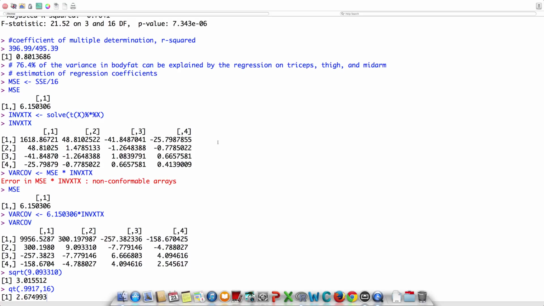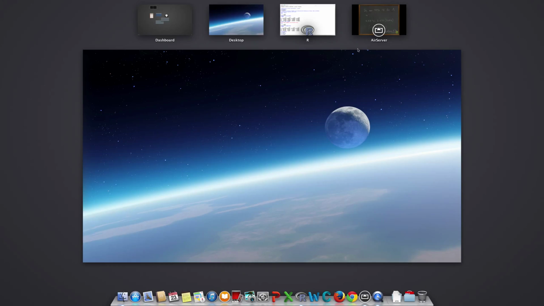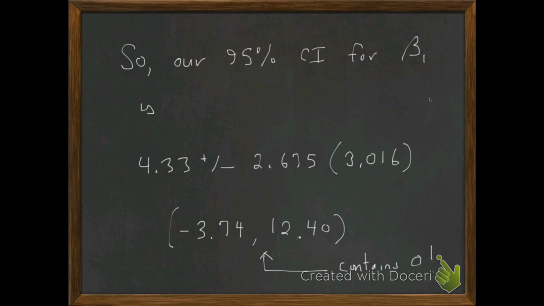What I did next was I left R, and I showed that our 95% confidence interval for beta 1 is negative 3.74 to 12.40.